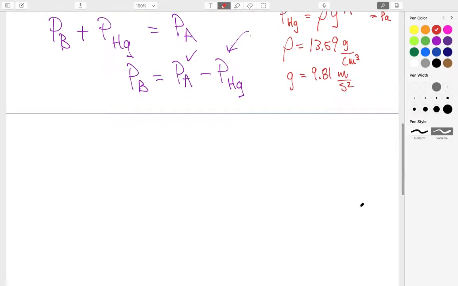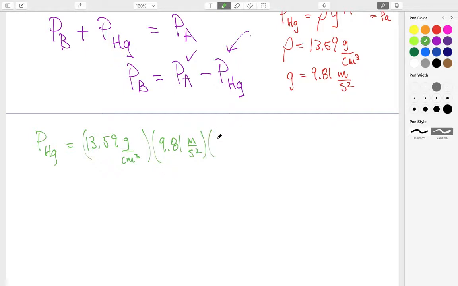Okay, let's carry on with this. Let's get the pressure of the Hg column. So the pressure of the Hg looks like this. It's going to be equal to 13.59 grams per cubic centimeter. We multiply by 9.81 meters per second squared, and we multiply by 0.900 meters of mercury, and that would be your 900 millimeters.